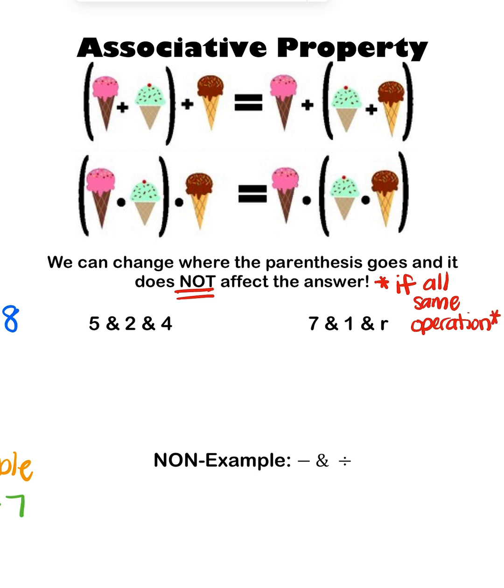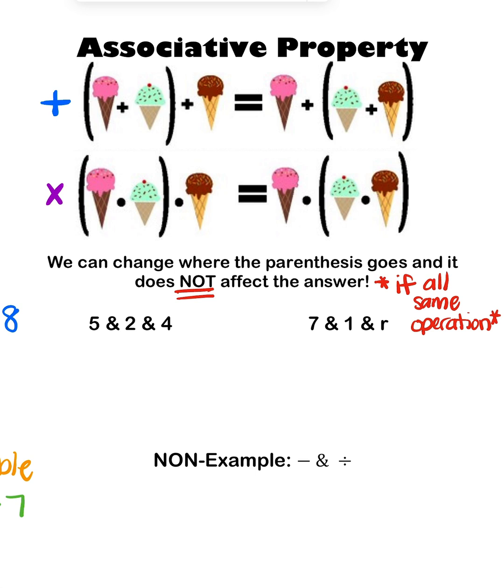So parentheses cannot change operations. So again, if it's all adding or all multiplying, we can move those parentheses around wherever we want. It will not matter. But it has to all be the same operation, and it only works, again, when we are either all adding or all multiplying. We can change where they go.